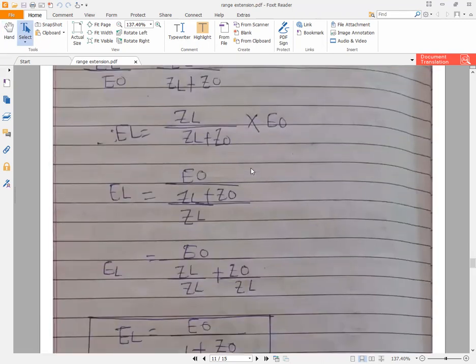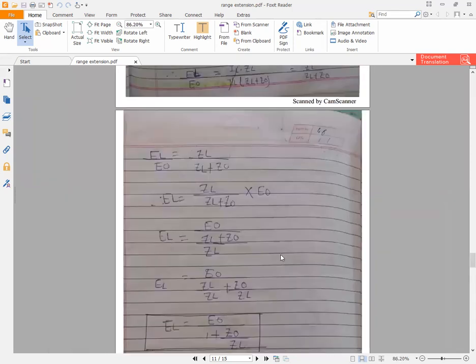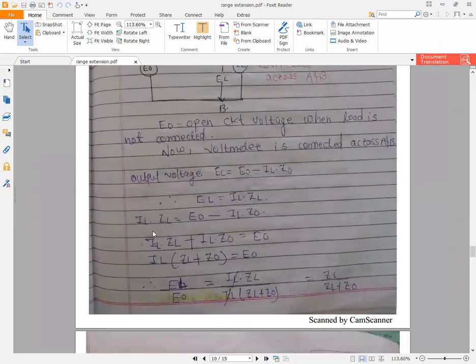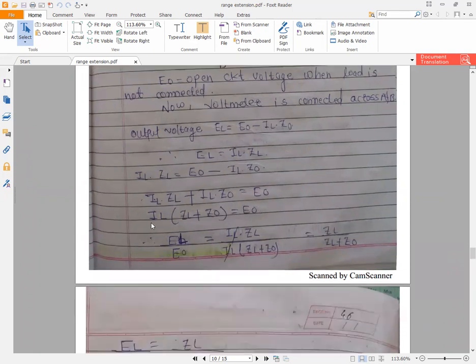I will take this term to the left hand side. So it will be IL into ZL plus IL into Z0, equals only the remaining E0. So from these two terms I can take IL common: IL times ZL plus Z0 equals E0.